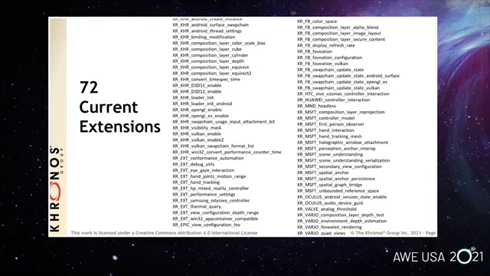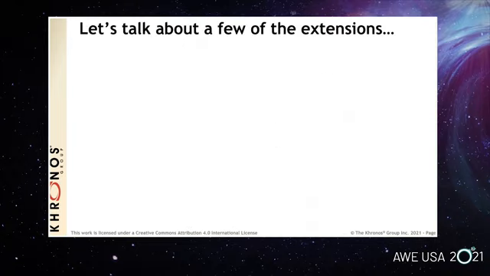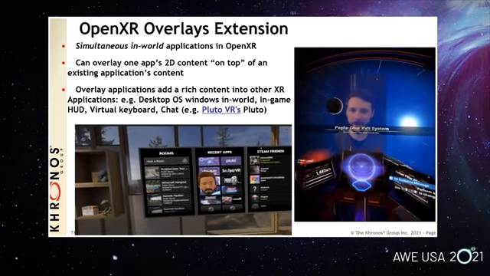Lots of work is being developed, and we really want to get some experience with how we want to frame the APIs across all these different platforms. I'll talk about a few of these extensions in particular in the next few slides. But you can see some about hand tracking, spatial anchors. One of the directions we want to go in the future is adding more and more AR and mixed reality capabilities to the API.